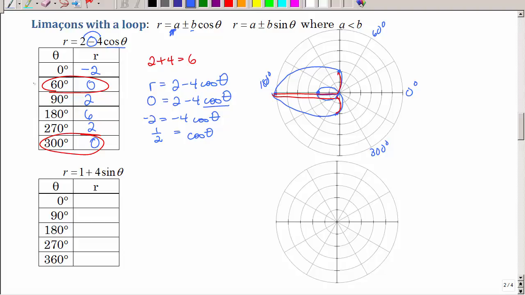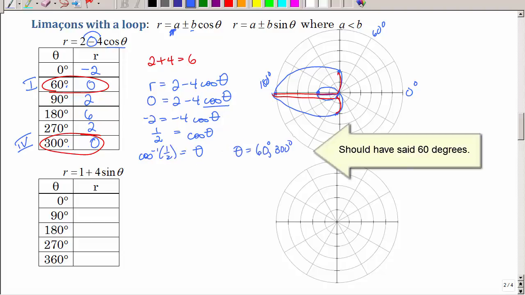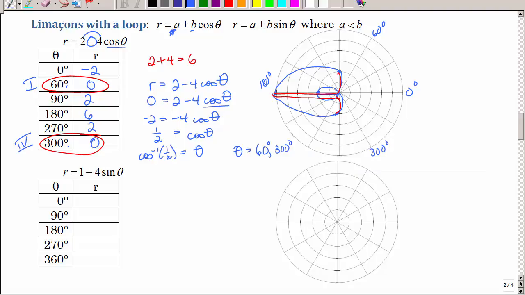Well, it's in the first and fourth quadrant, and those are the two angles. So really you're doing theta is the inverse cosine of 1/2, and theta is 30 degrees and 300 degrees, and that's where it went through the pole.